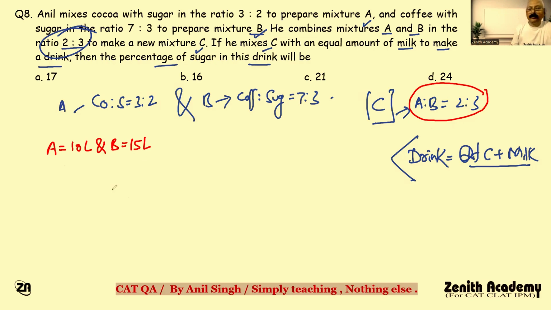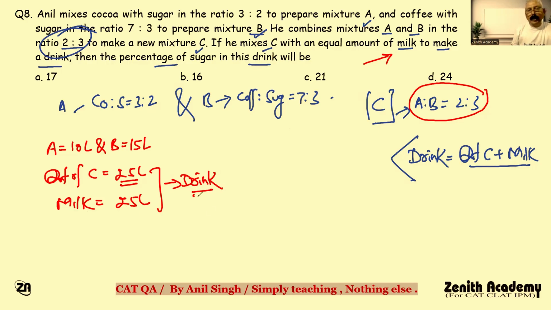So it is 2 into 5 and 3 into 5. It means the quantity of mixture C is 25 liters. And it is given that he mixes C with an equal amount of milk, which means the quantity of milk is also 25 liters to prepare a drink.